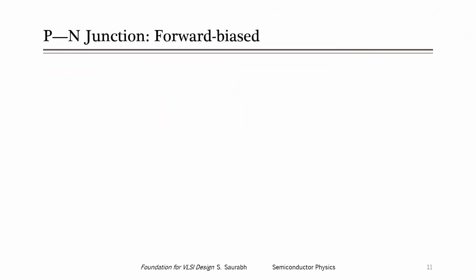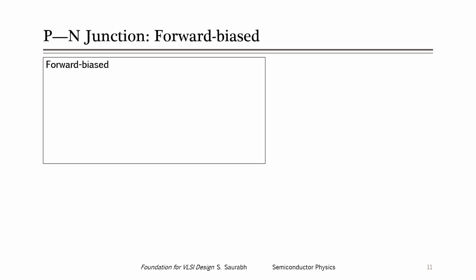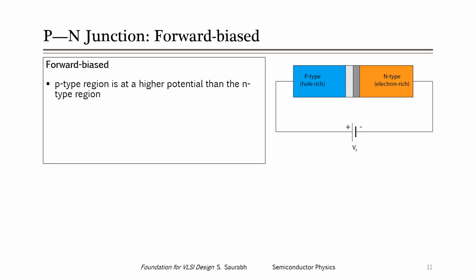Now the situation will differ if we apply bias in the opposite direction, meaning that we apply bias such that the p-type region is at higher potential compared to the n-type region. Then we say that the p-n junction is forward biased.